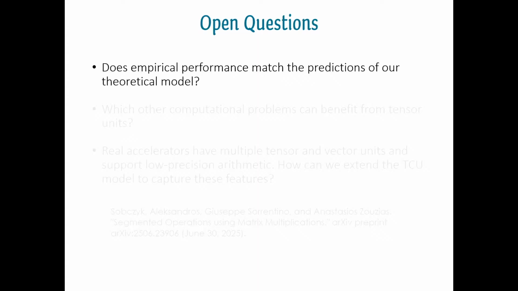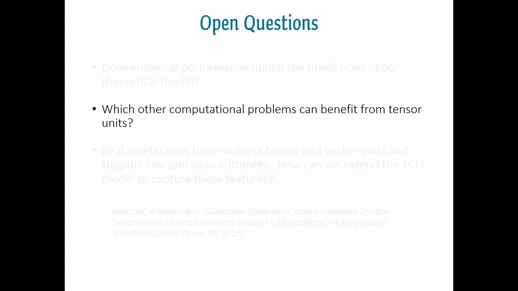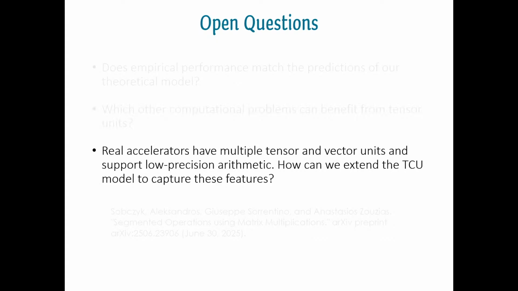But then there are open questions. We haven't implemented any of these, so what will be the empirical performance? We do not know. And there are a lot of other problems that you can try to speed up. And finally, the main weakness is that real accelerators really have multiple TCUs. And not only that, they also have vector units. Not only that, there are also precision issues, so they support low precision arithmetic. We haven't accounted for any of those here.